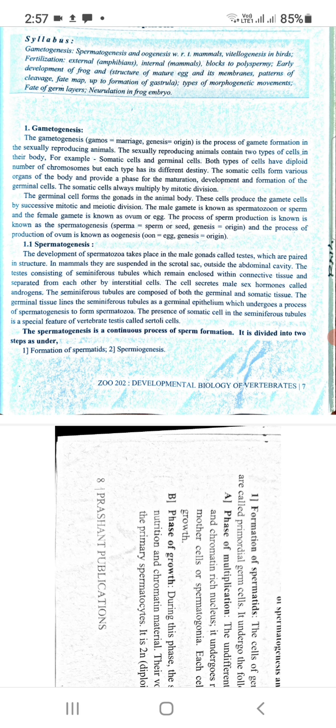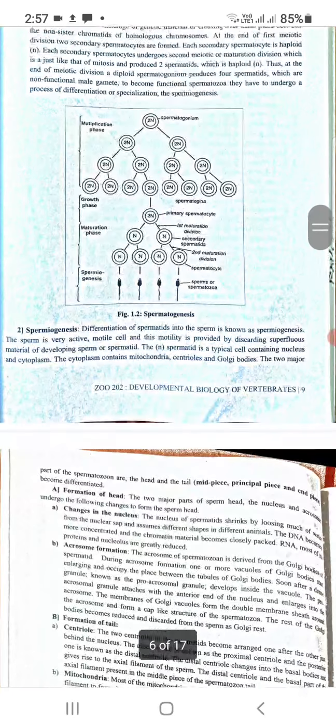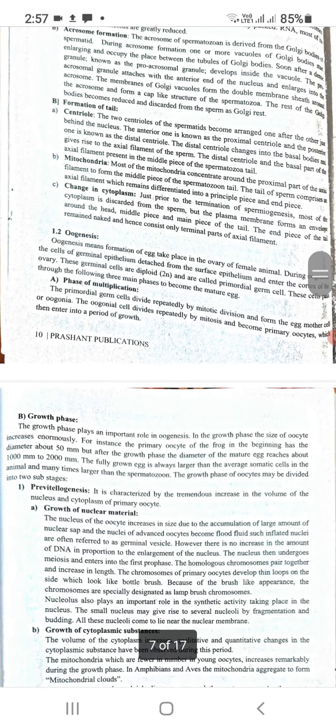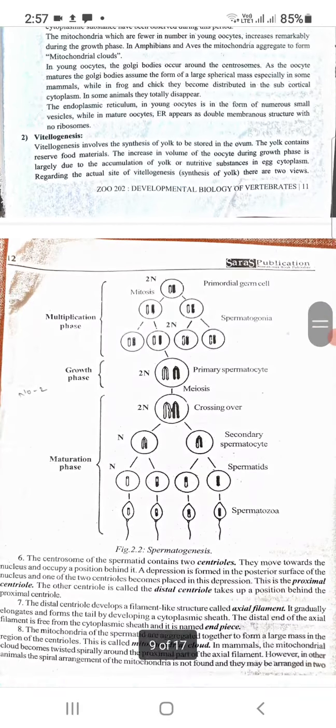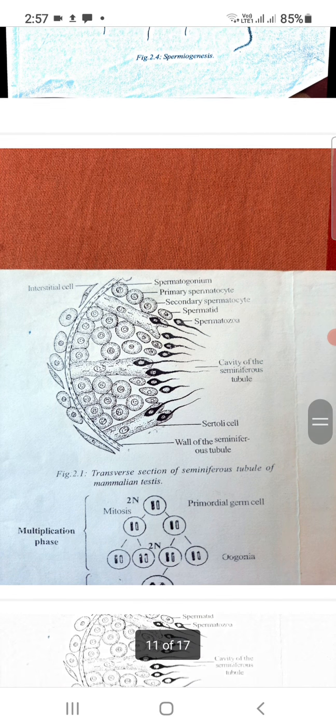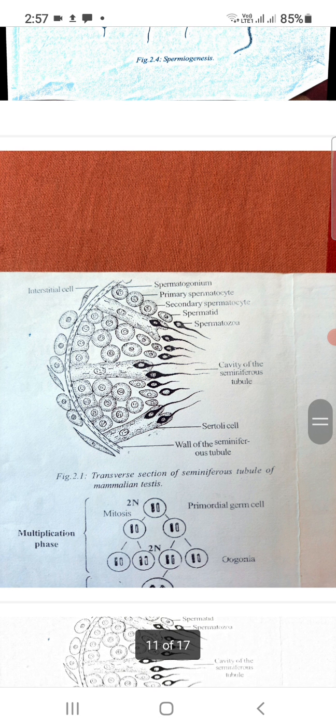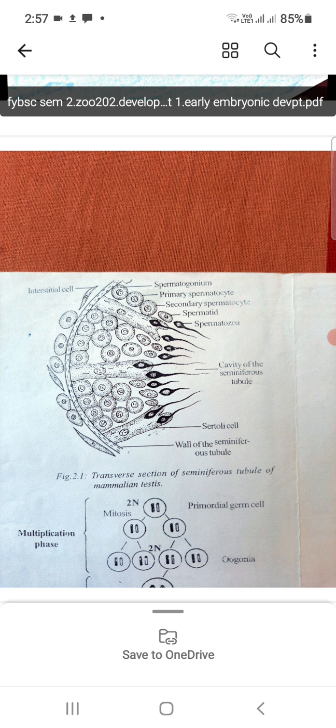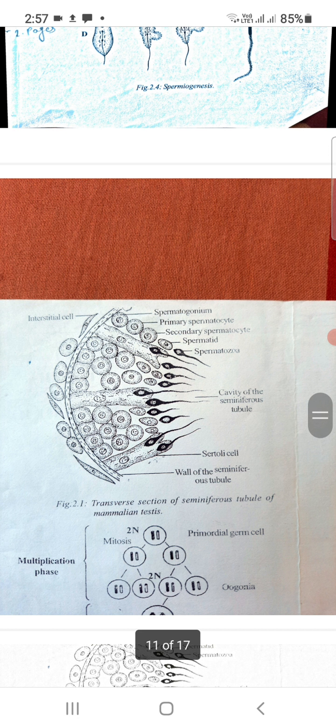The figure shows the seminiferous tubules of the testis. In a single testis of mammals, a large number of seminiferous tubules are present. This is the transverse section of a seminiferous tubule of the mammalian testis.